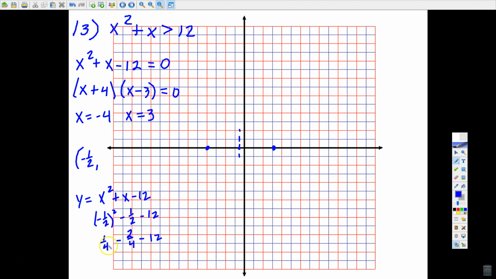So 1/4 minus 2/4 is -1/4, and then -1/4 minus 12 is -12 1/4. So we're doing -12 and then just a little bit more on this AOS line. 2, 4, 6, 8, 10, 12, and then just below that. Okay, let's sketch our parabola.